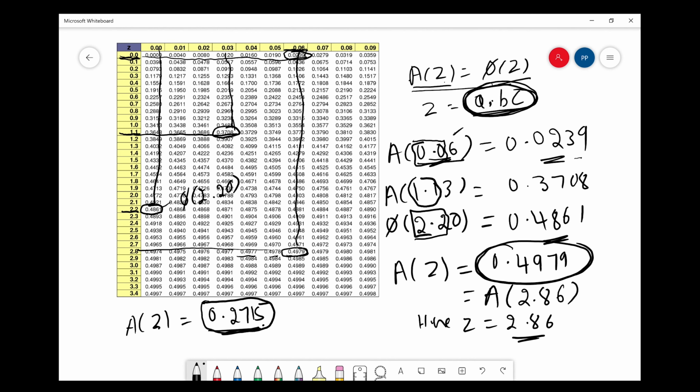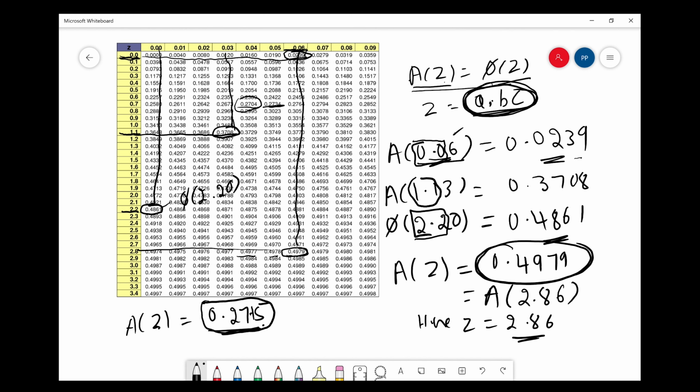Now, we are not getting that in this table, but you find the values near to that: 0.2704 here. Next value is 0.2734. Now, the value which is near to this is 0.2704. If you want, you can take the difference between this and this, and the difference between this and this. Take the absolute value. Whichever is small, that is nearer.